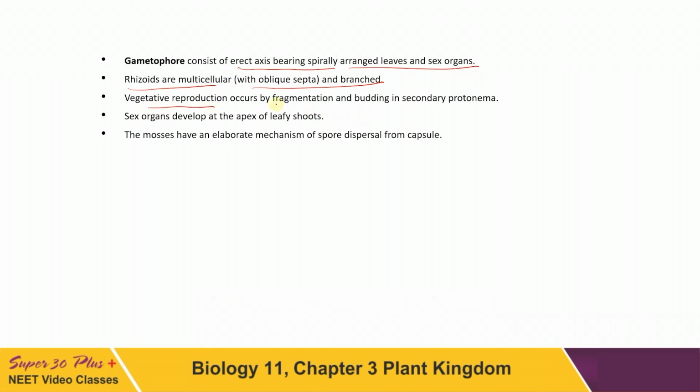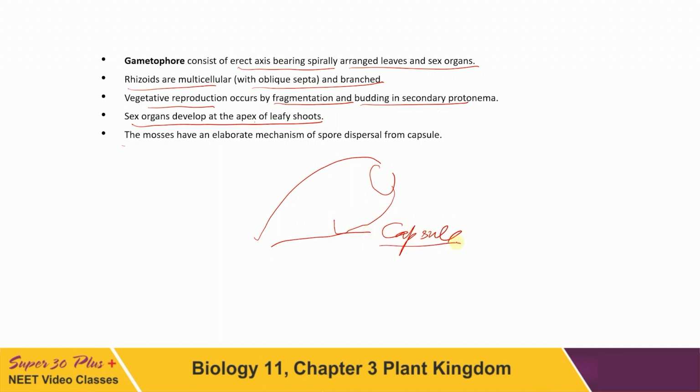Vegetative reproduction is by fragmentation or by budding on secondary protonema. Sex organs develop on the apex of the leafy shoot. I told you right now. In the moss sporophyte, this is the capsule. It has an elaborated structure inside.